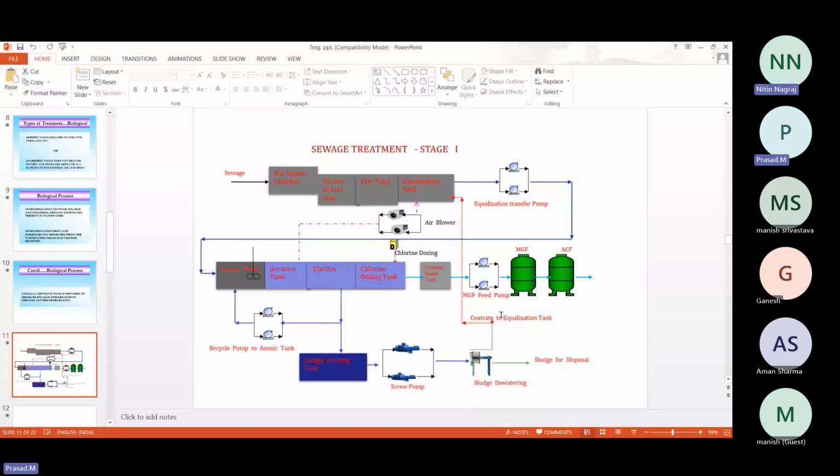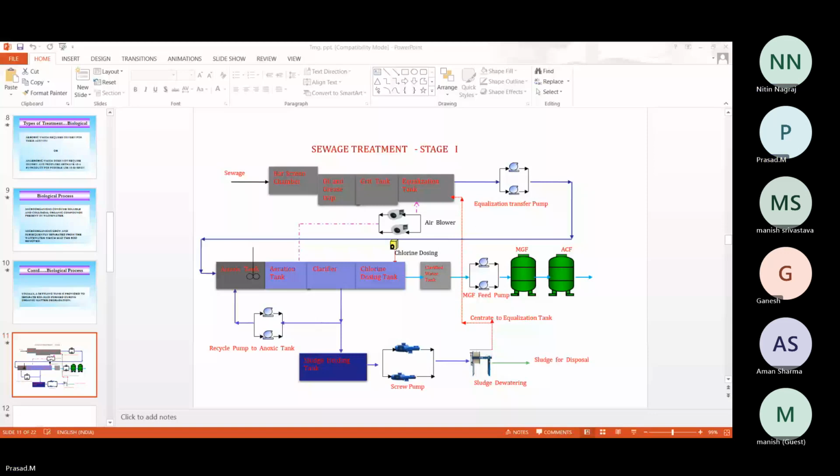No, not yet. Make your PPT presentation full screen. The slideshow option is there. Normal slideshow, full screen. Are you able to see now? I think. No, still not. Anyway, continue. No issues.